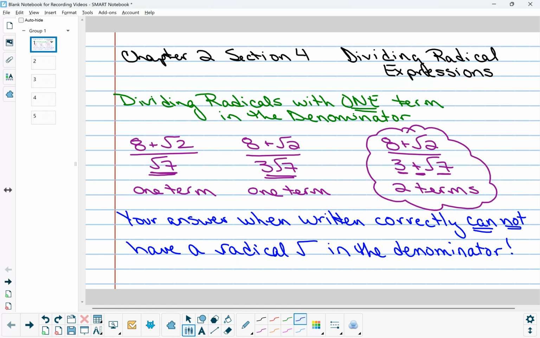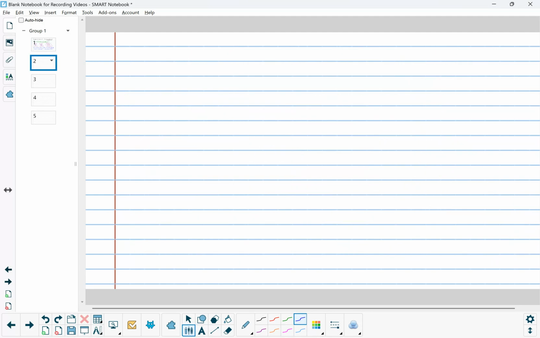Ever. Okay, so we're going to give you a couple strategies to make sure that that doesn't happen, whether you have one term or two terms in that denominator. All right, so let's do a couple of examples.